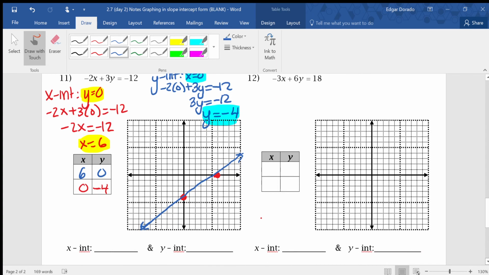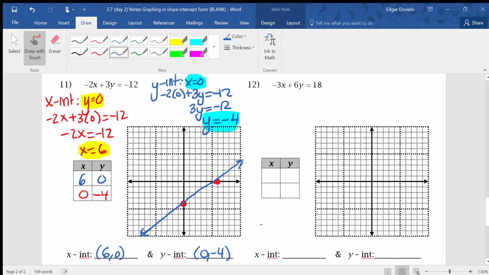Awesome. So let me finish filling this out. Down here we have 6, comma, 0 for our x-intercept and 0, comma, negative 4 for our y. What I want you guys to do is try out number 12 on your own, and then we will double check our answers. All right, so I'm going to look for my x-intercept first, which means I'm going to substitute in 0 for y.